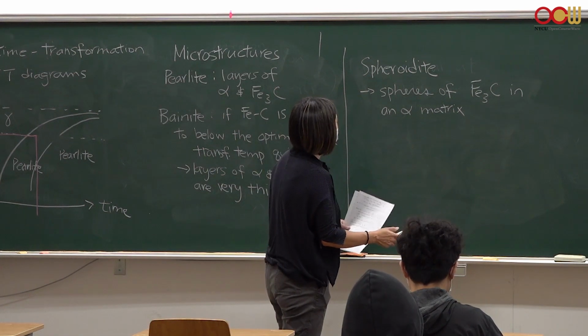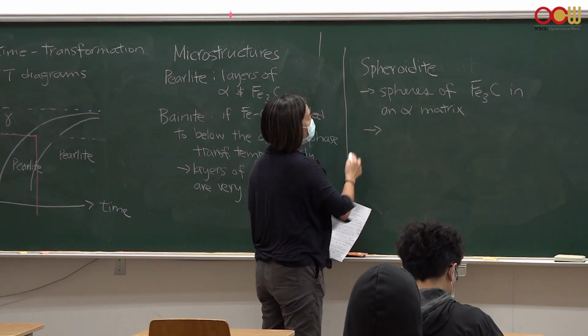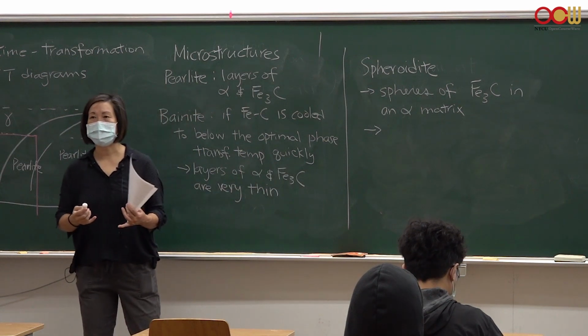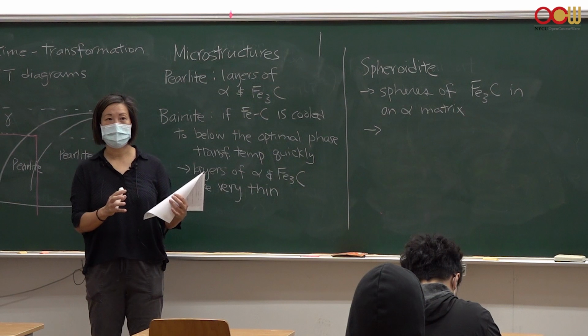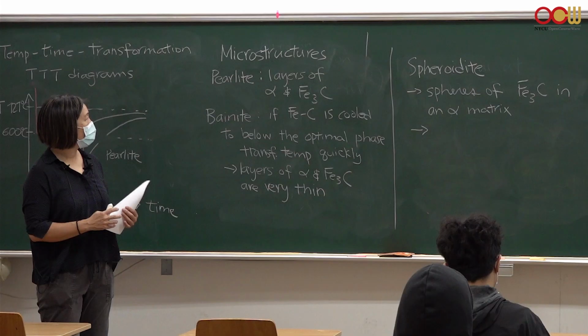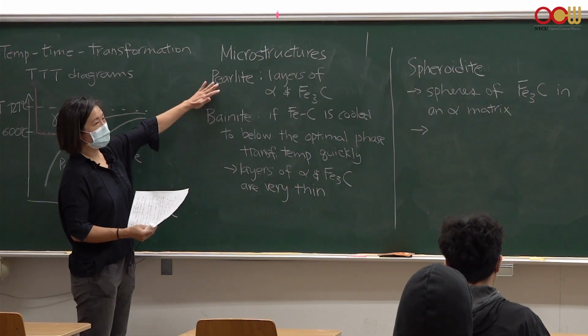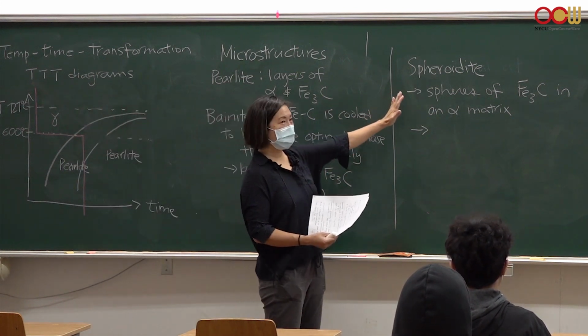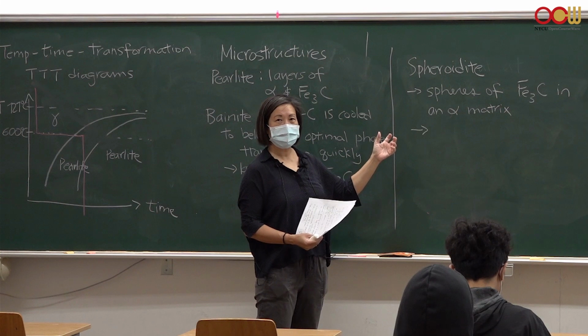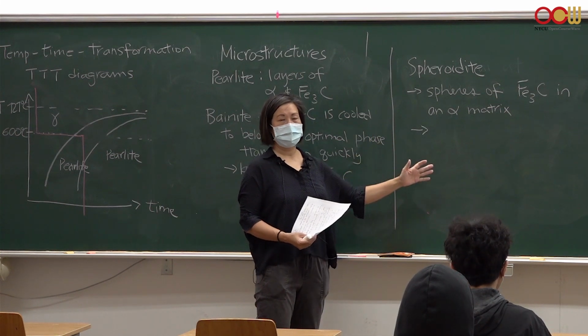So what do you think might be required to form this? In terms of time and temperature, do you think it takes a long time or a short amount of time to form spheres of Fe3C within an alpha matrix? So we know if it's layers, it's pearlite and bainite. If it's spheres, then it's spheroidite. So which one do you think will take longer to form, layers or spheres?